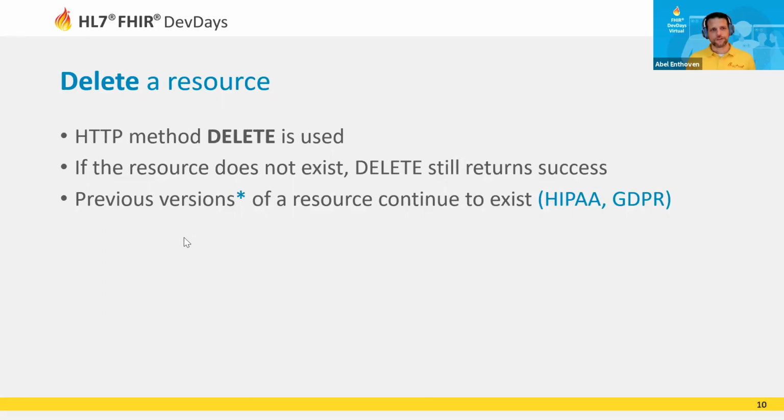Okay, then a method that you will probably also rarely use, because mostly in care situations you will not do real deletes. You would mostly say, okay, this is inactive or whatever. The delete in FHIR is implemented in a way that it always returns success. So if it's not there, it still returns success. So you would not know whether or not it was already there.